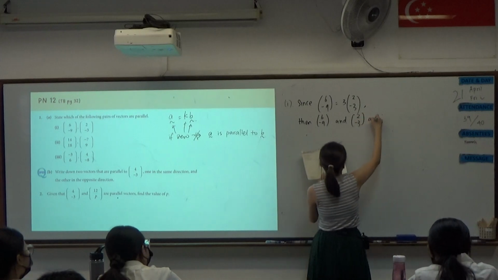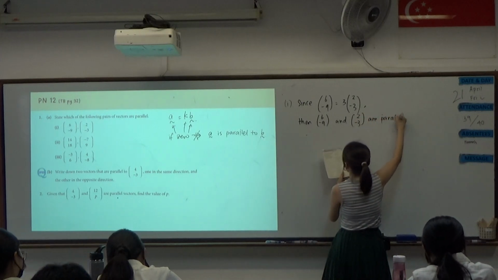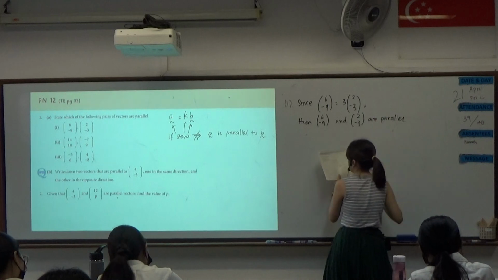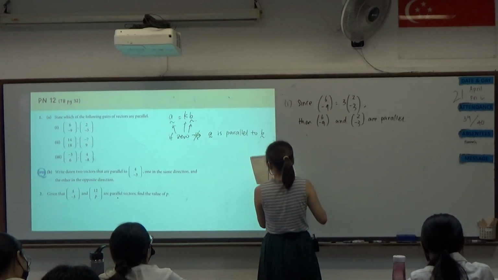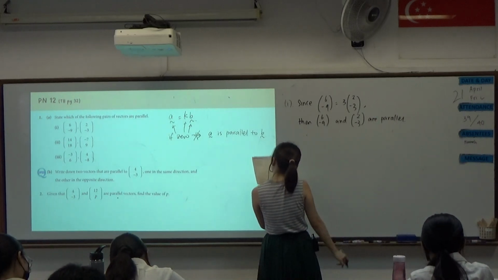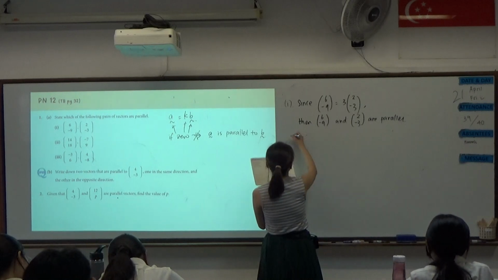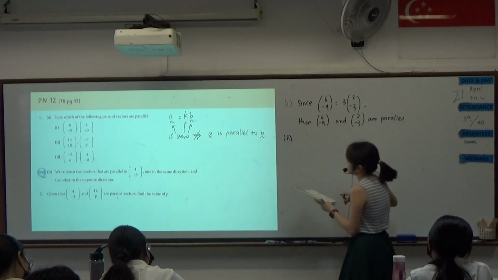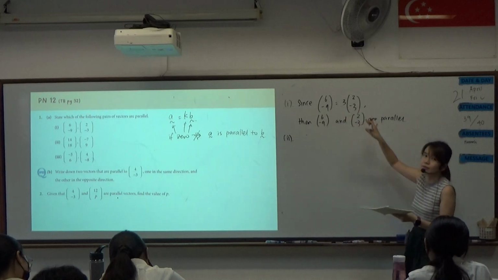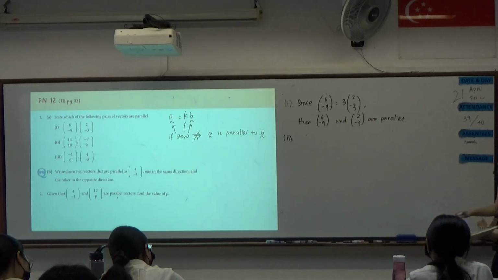Hence, we can conclude that they are parallel, because we see that none of them are actually zeros.